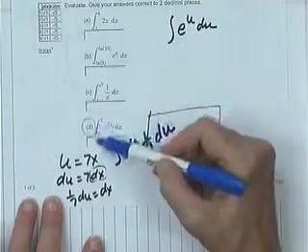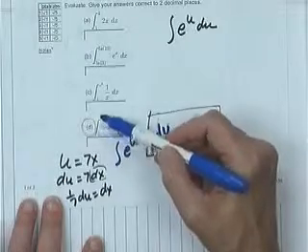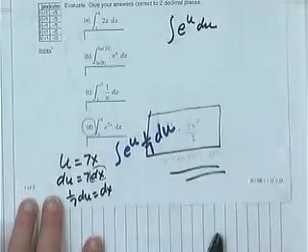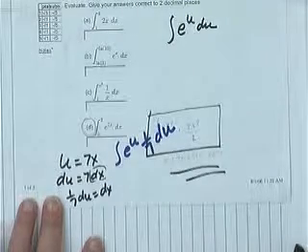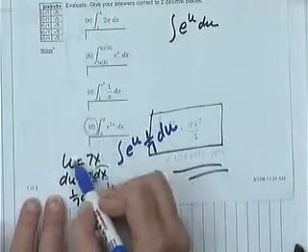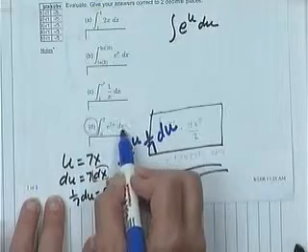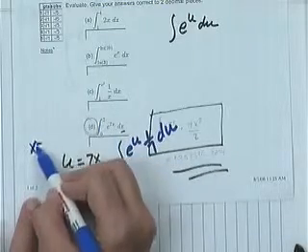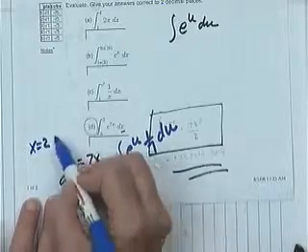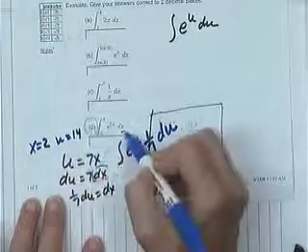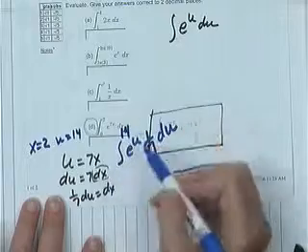Yesterday we looked at changing the limits on the integral so we never have to go back to the x's. I personally like doing that, so that's what we're going to do. When x is equal to 2, what is u equal to? u is 14. So we can put a 14 up here.